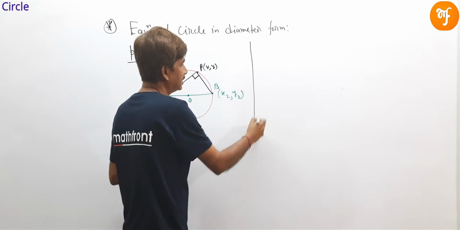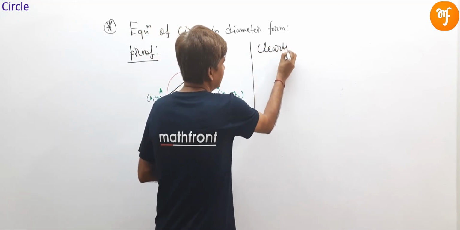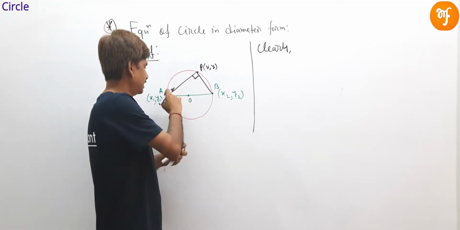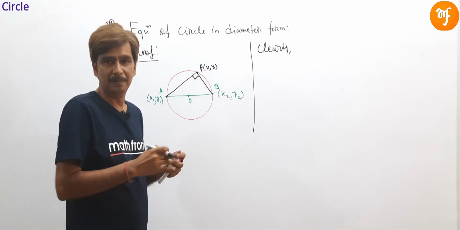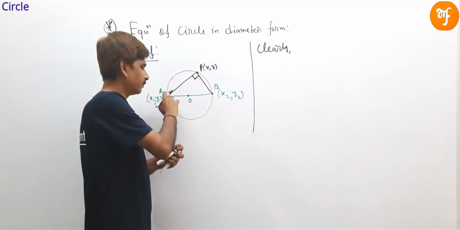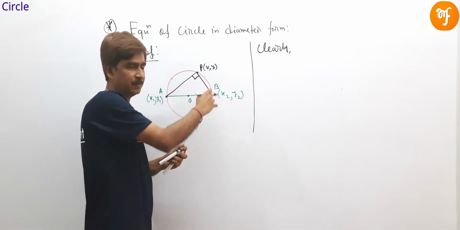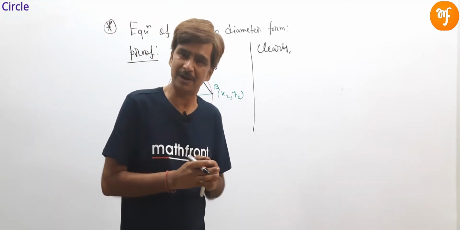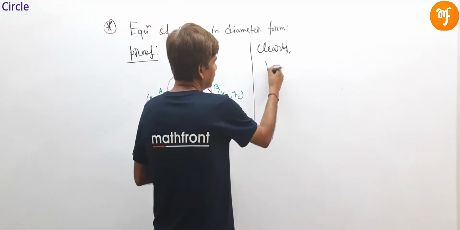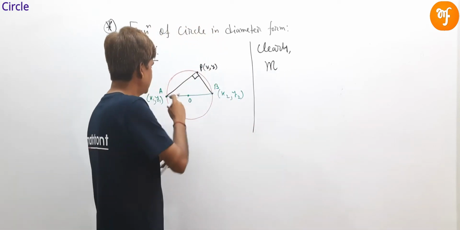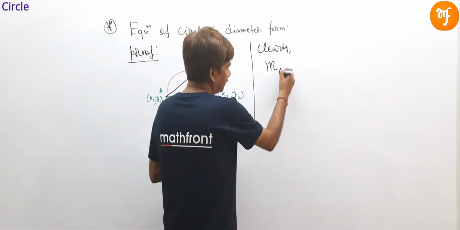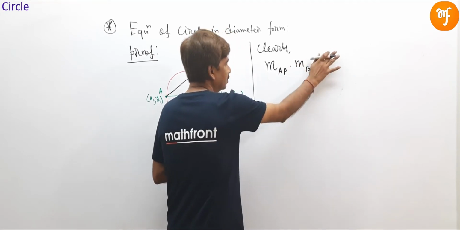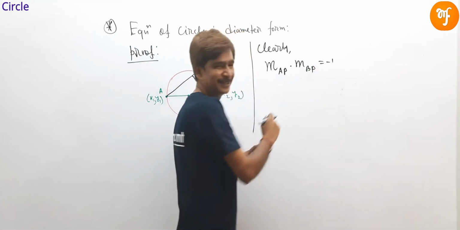As angle APB is 90 degrees, obviously AP is perpendicular to BP. So if the slopes are m of AP and m of BP, then their product will be minus 1.